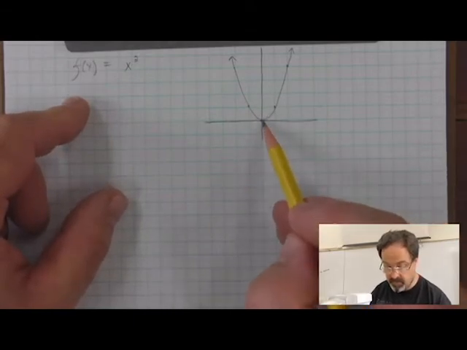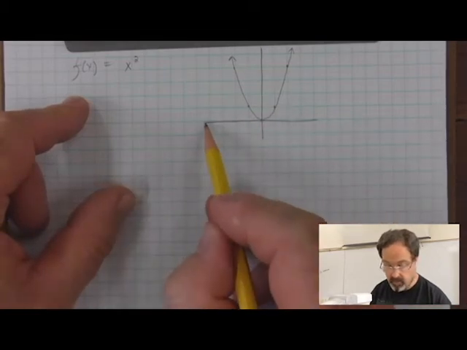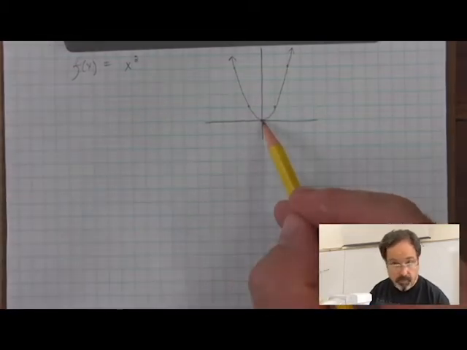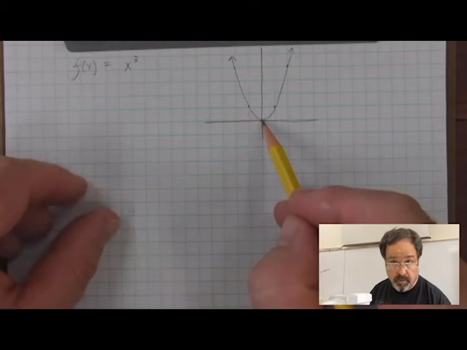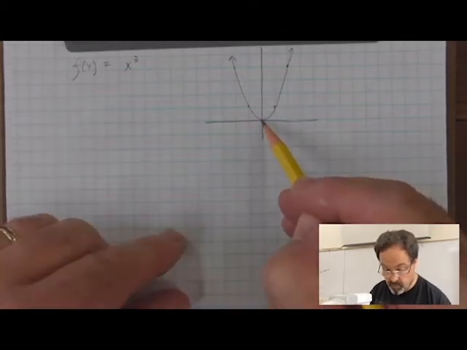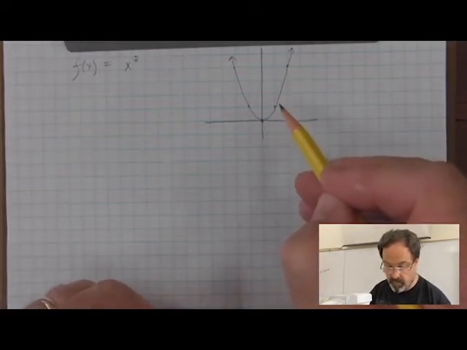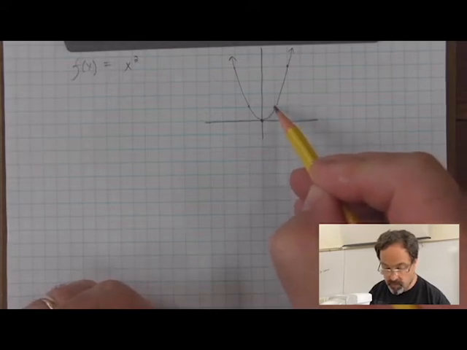If I visualized a tangent line to this parabola at the vertex, the tangent line would be horizontal, and the slope of that tangent line would be 0. So the slope function to this parabola is going to have a value at 0. What's the slope of the parabola at this point when x is equal to 1?